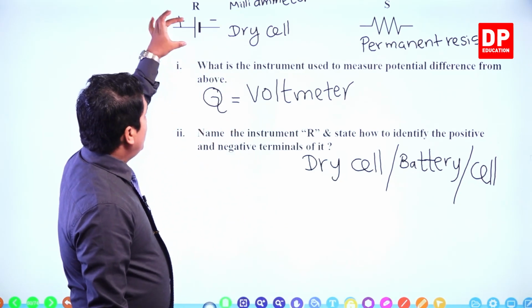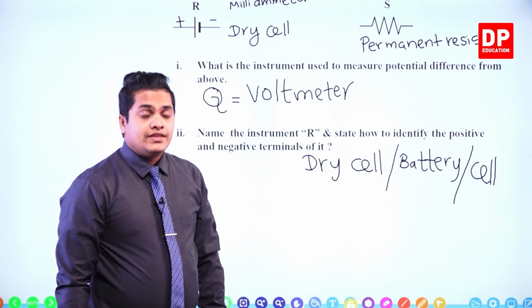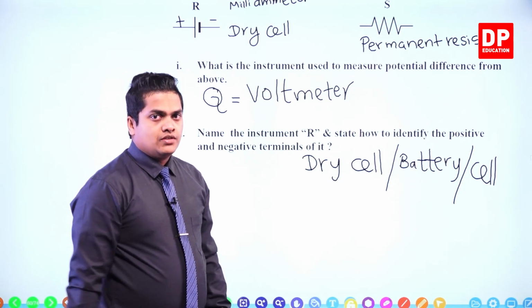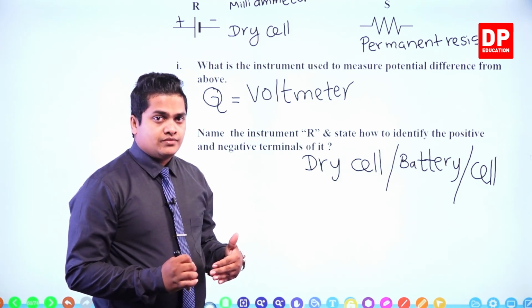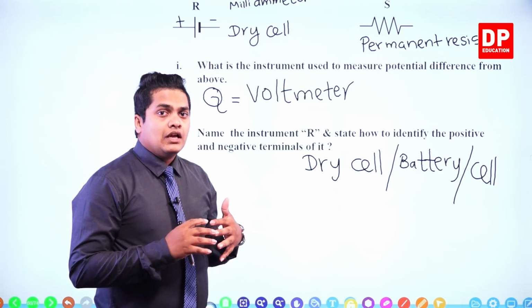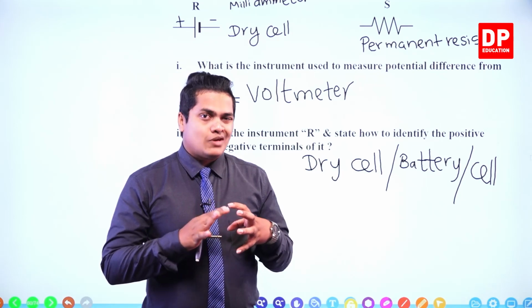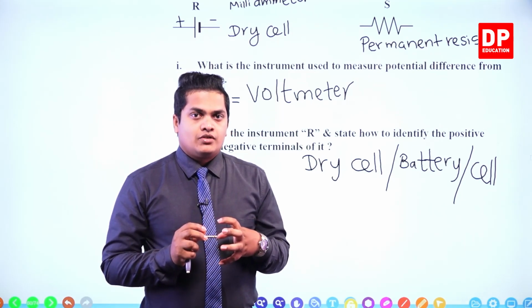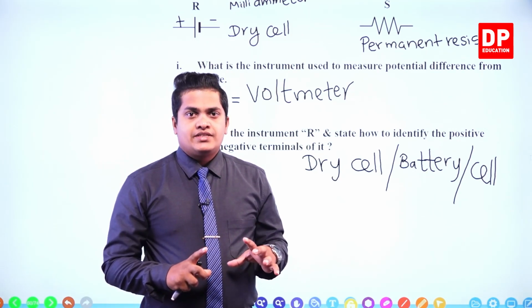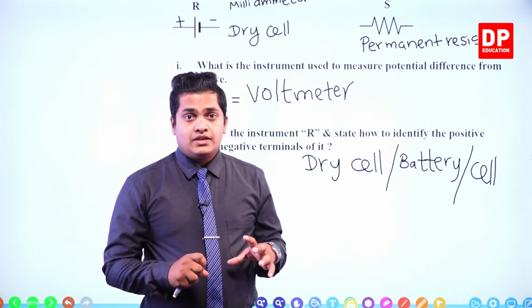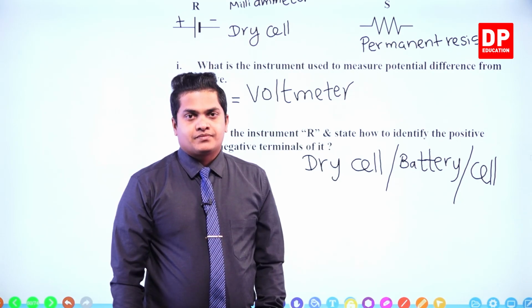It's really simple. Earlier I told you that I have marked the positive and negative terminals in the dry cell by using that feature. In the standard notation for a dry cell, the lengthier terminal is always the positive terminal and the shorter terminal is the negative terminal.